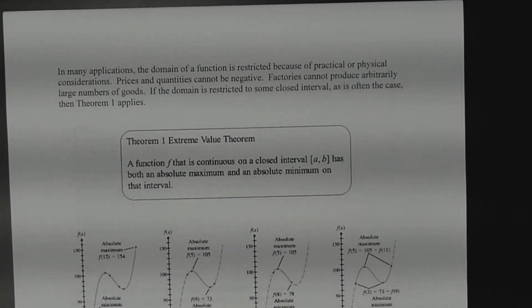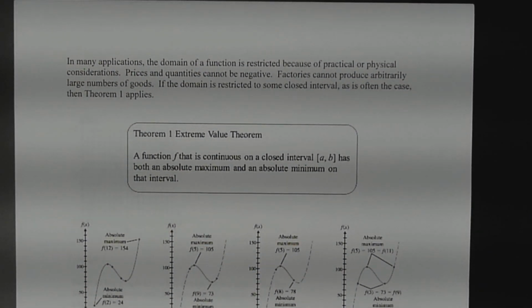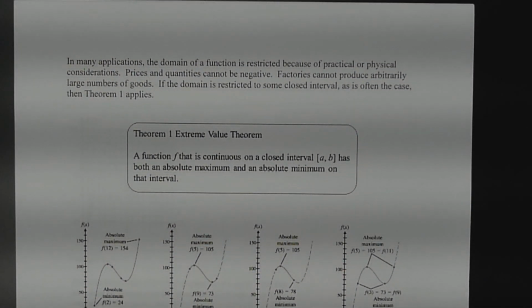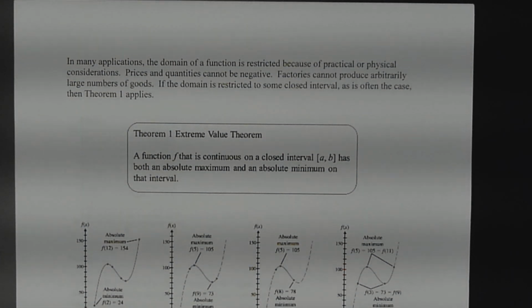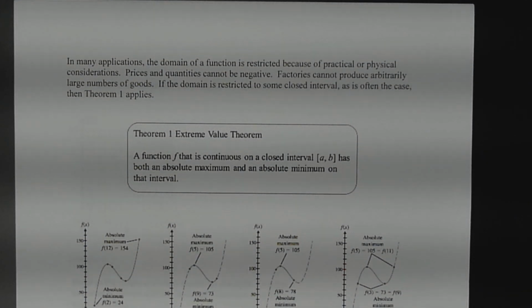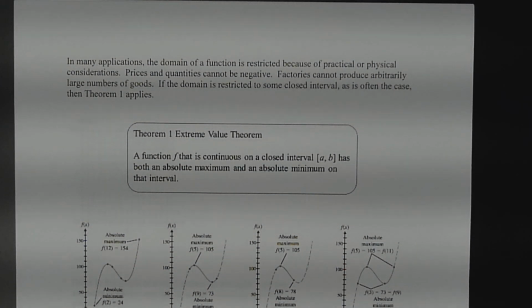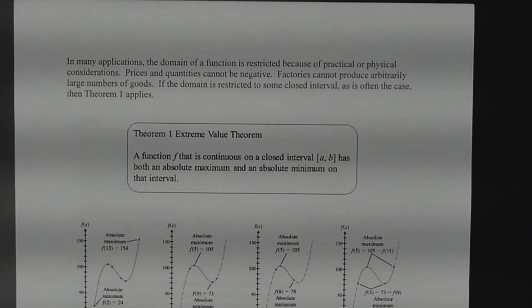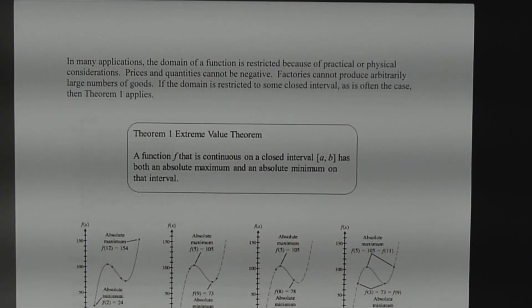Now, in many applications, the domain of a function is restricted because of practical or physical considerations. Prices and quantities cannot be negative. Factories cannot produce arbitrarily large number of goods. If the domain is restricted to some closed interval, as is often the case, then theorem number 1 applies.